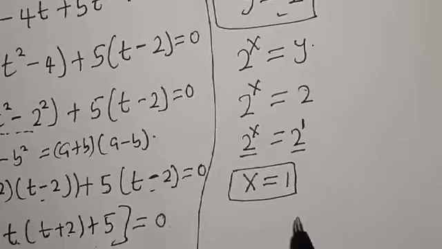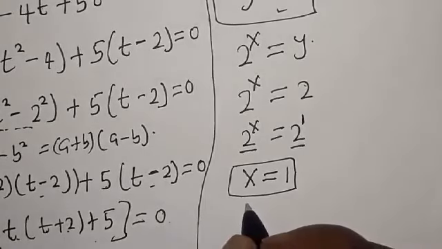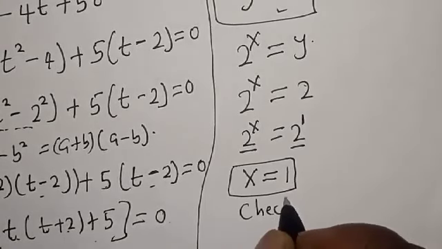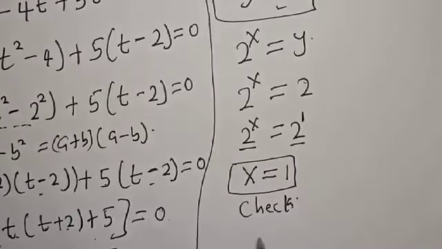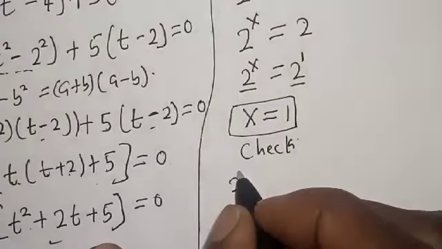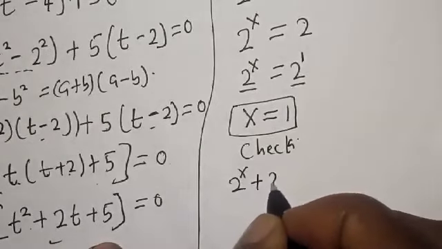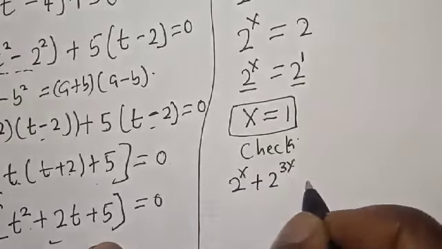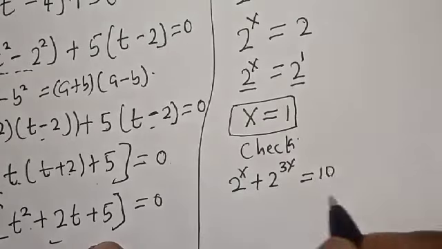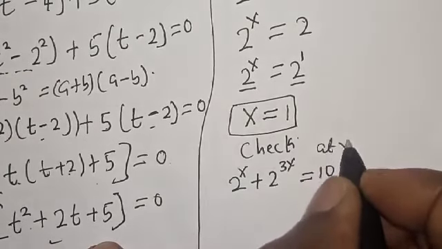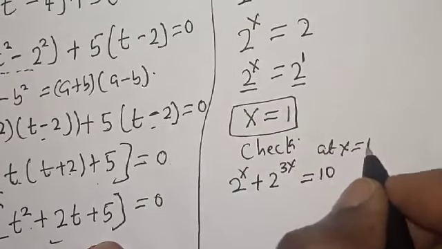We can check to confirm. We have the equation 2 raised to power x plus 2 raised to power 3x is equal to 10 at x is equal to 1.